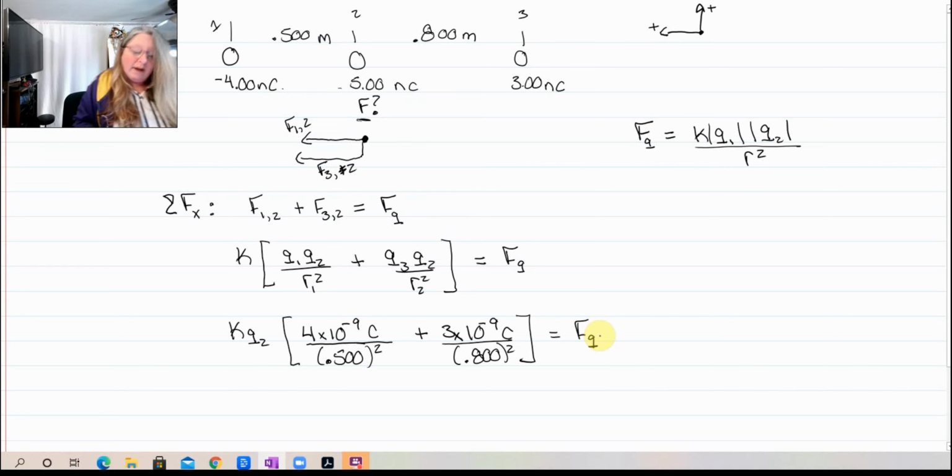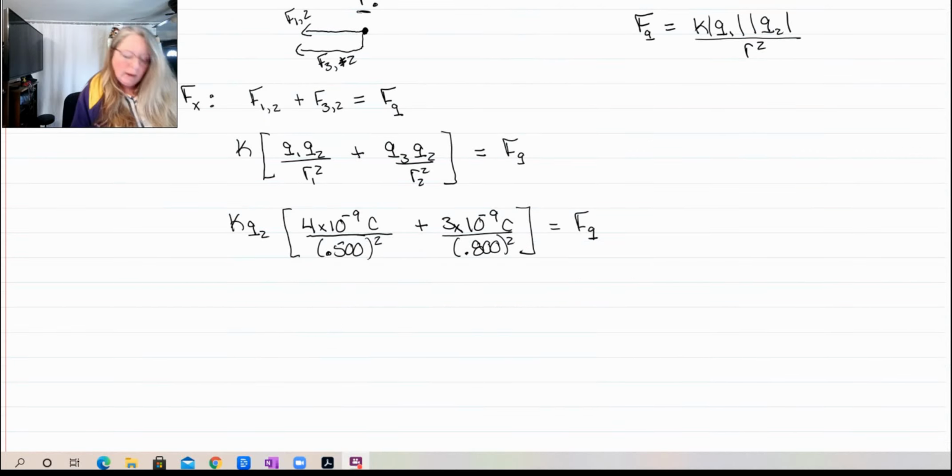So now I'm just going to put what's inside the brackets into my calculator. And this gives me my KQ. Let's go ahead and write in our KQ so you can see now why I did that. 8.99 times 10 to the negative 9. And what are our units there? Well, K is going to be such that once I multiply by both of my charges Q, both in terms of coulombs, and divide by my meters squared, I'm left with newtons, because this is just a force, right?